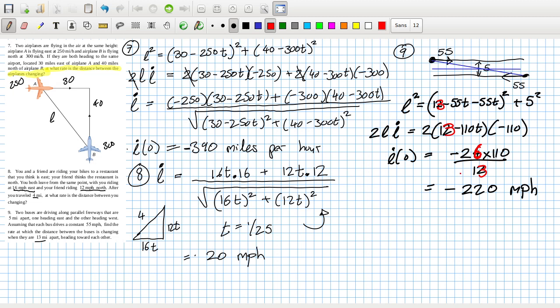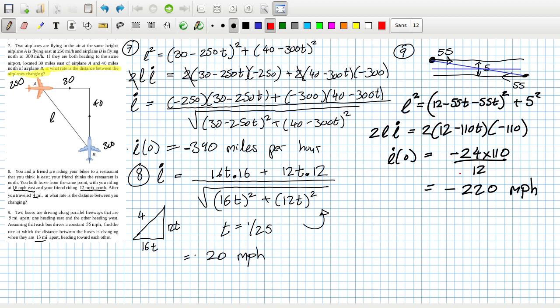No, that can't be right. What have I done wrong here? L squared is the distance, which is definitely 12 minus 55t minus 55t squared plus 5 squared, minus 55 minus 110.